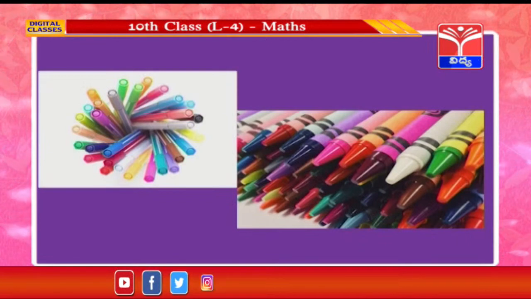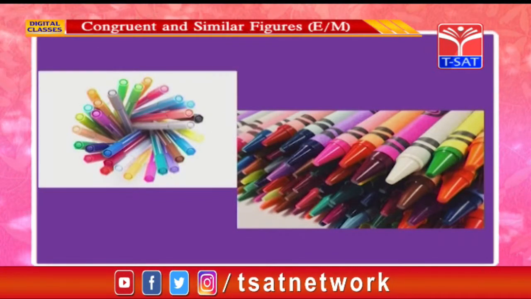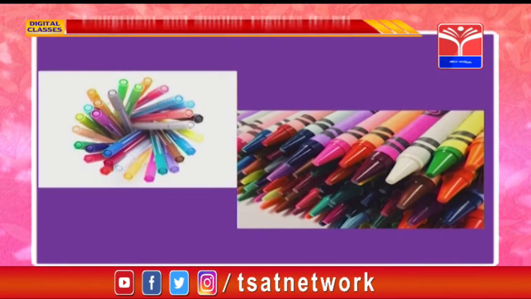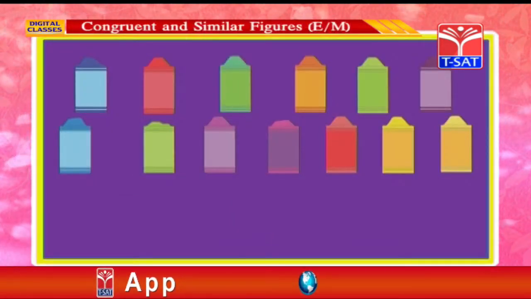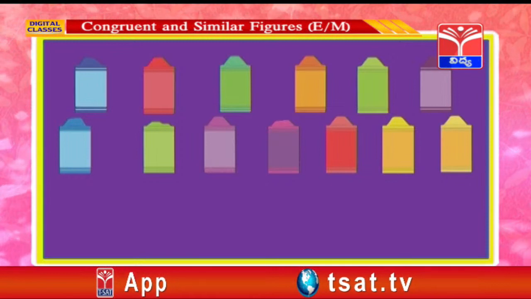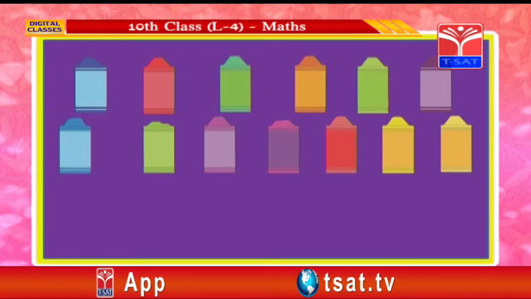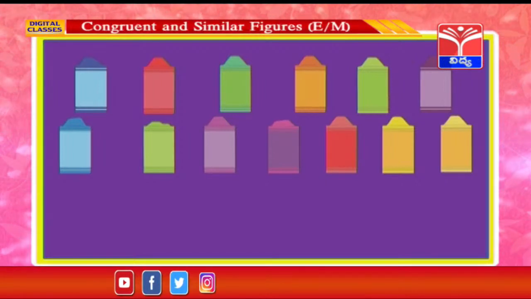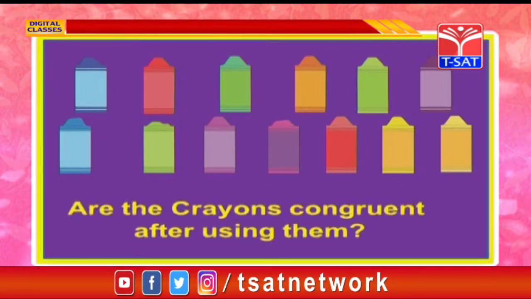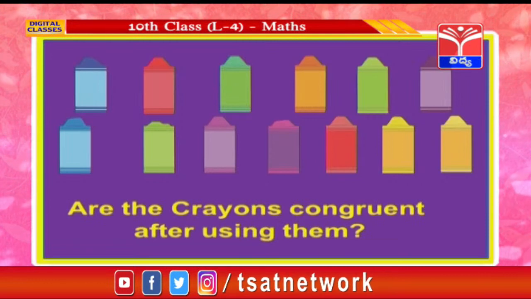Now, when you buy a pen set or a crayon set, you might have seen that they are all congruent. Now, when you use the crayons for drawing, you might need a few colors more and you might not use a few colors at all. So, after using them, do you think they are congruent?